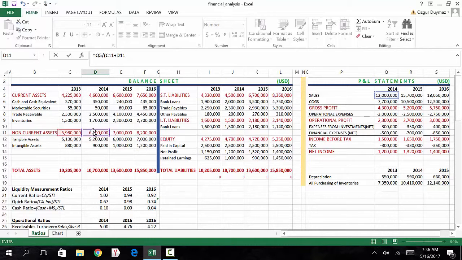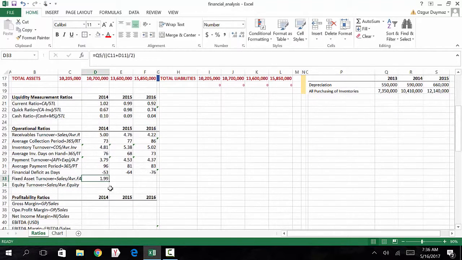Sorry. It's a good thing that it's increasing. I can say small, maybe not a big fixed asset investment provides the company more sales.